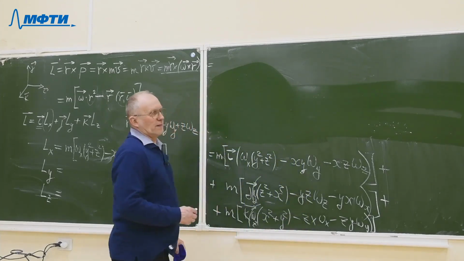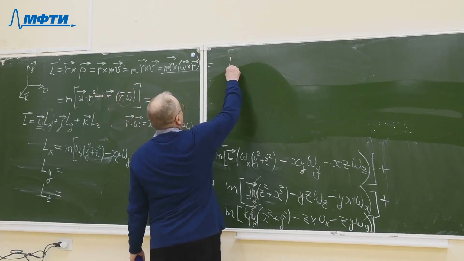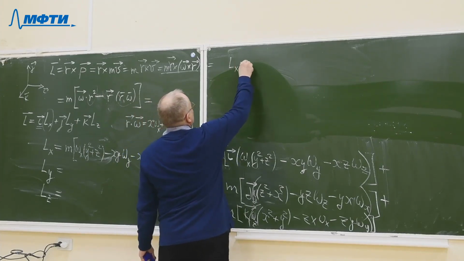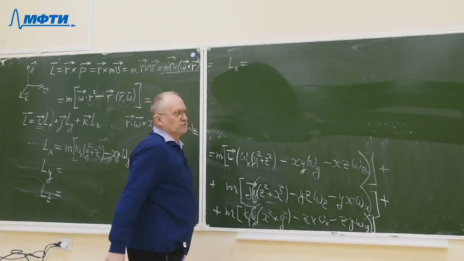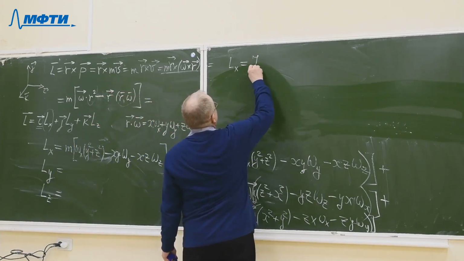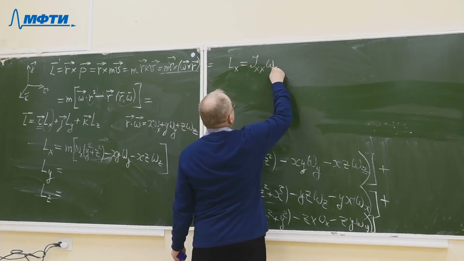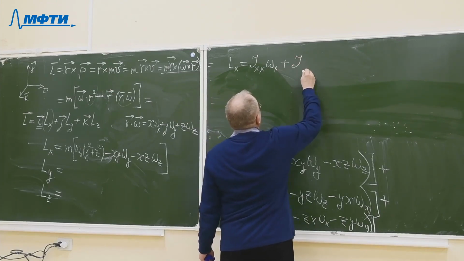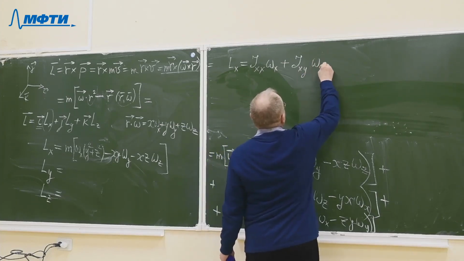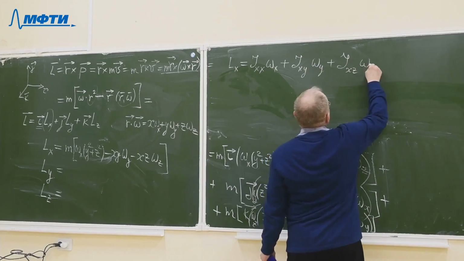And if you recall the matrix form, you will remember the matrix form which was written here using the laws of multiplication of a matrix by a vector. You will understand that the x component will be Ixx times omega x plus another component of the tensor of inertia Ixy times omega y plus another component Ixz omega z.